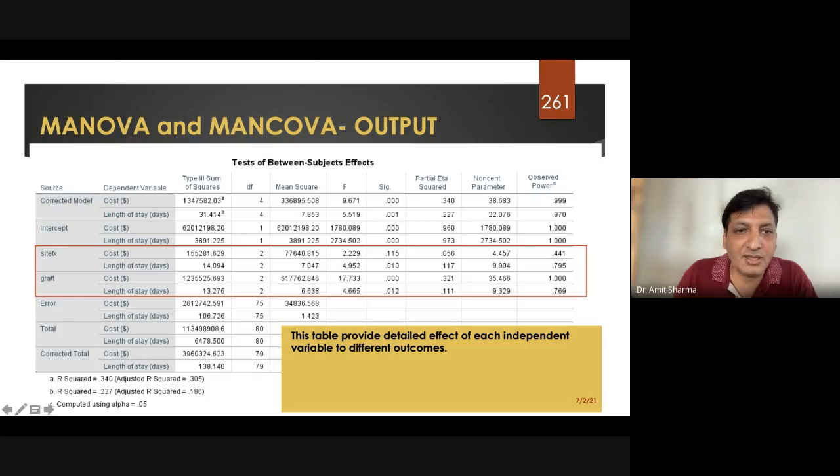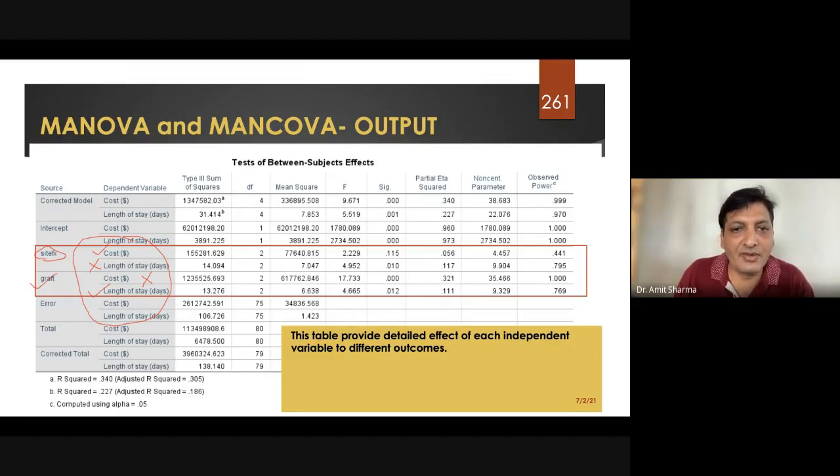It is possible that when we are talking about site of fracture, it might affect cost but not length of stay. Or when we are talking about graft, it might affect length of stay but not cost. So we are trying to find out each independent variable with each dependent variable.